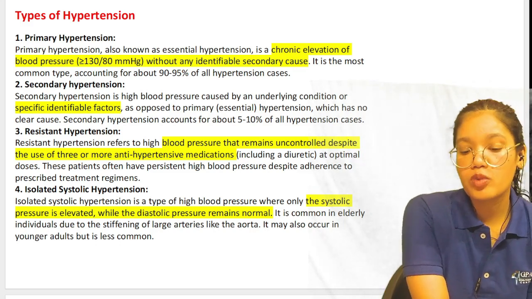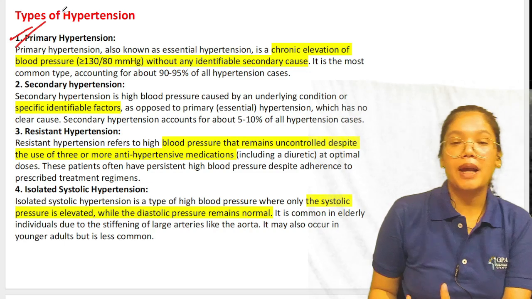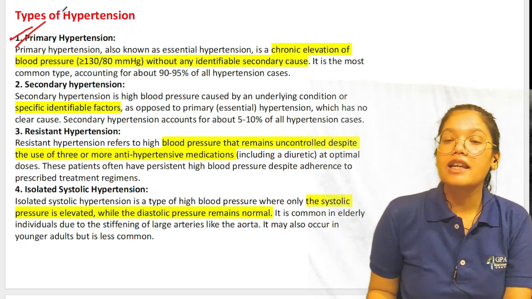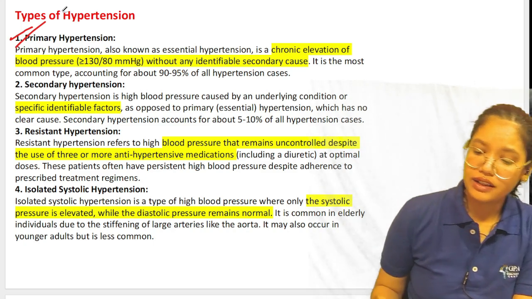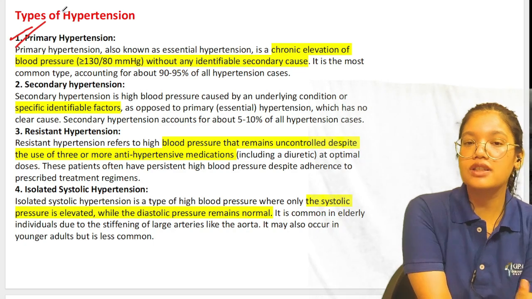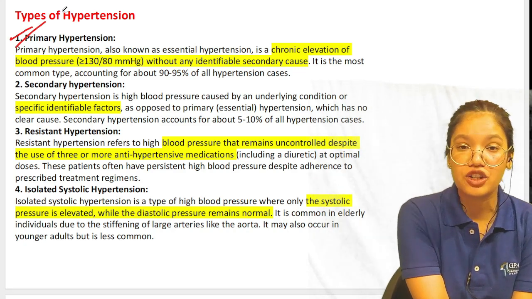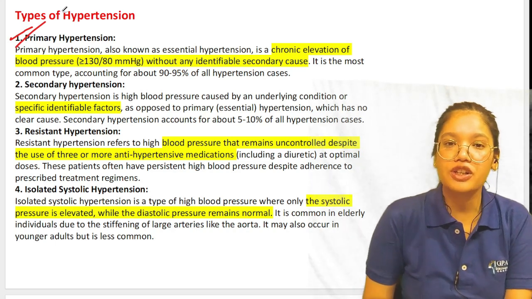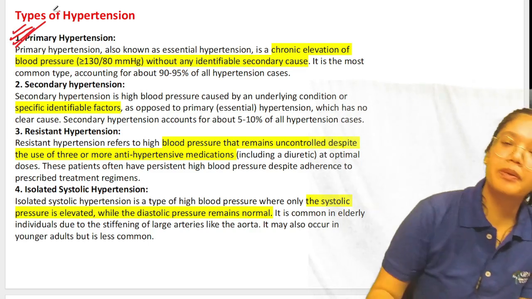Now, moving forward with the types of hypertension. The first type is primary hypertension. This type is also called essential hypertension, and basically there is no identifiable cause for why it is occurring. Almost 90 to 95% of the population that suffers from hypertension has primary hypertension only.